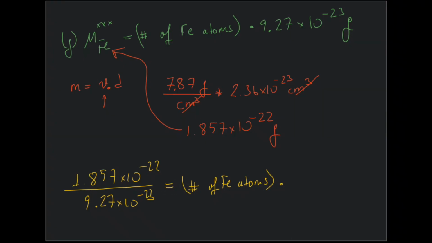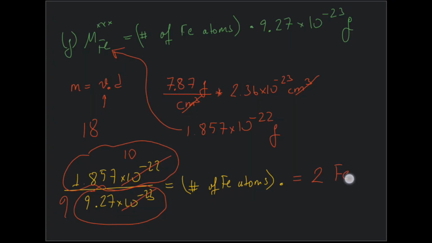And as you see here, minus 23 cancels and it becomes 10. So this part will be approximately 18 and this part is approximately 9. So we have two iron atoms inside the cubic cell.